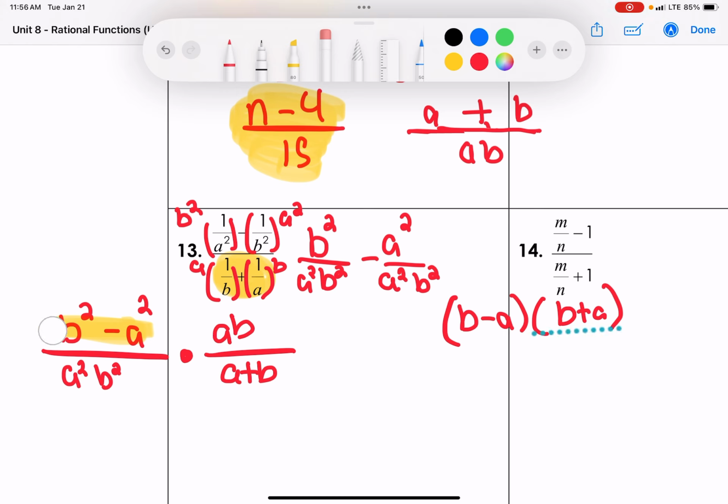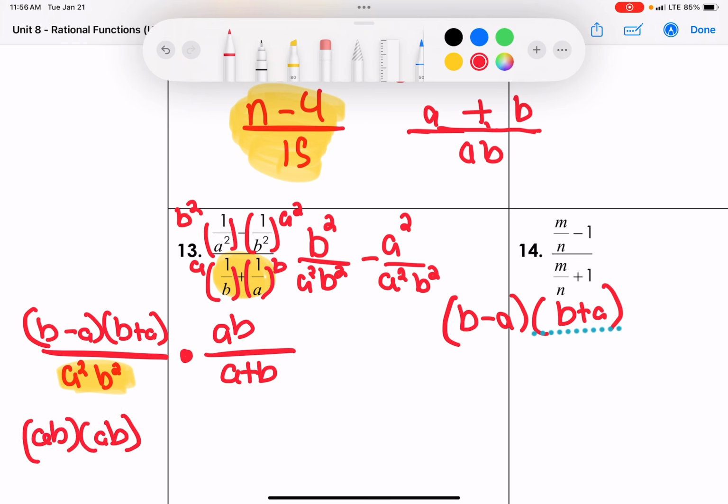I'm going to switch this over: b minus a times b plus a. And I could also factor this out. So that ends up becoming ab times ab. So let's switch that. ab times ab.